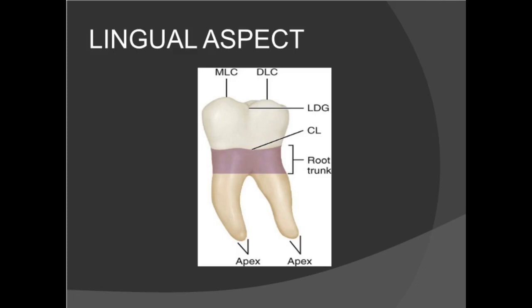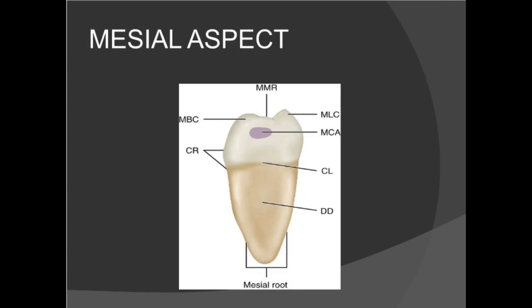Now the mesial aspect. In this, the buccal outline is more convex as compared to the lingual outline. 2 cusps can be seen from this region. One is the mesiobuccal cusp, which is flat, whereas the other one is the mesiolingual cusp, which is more sharp.